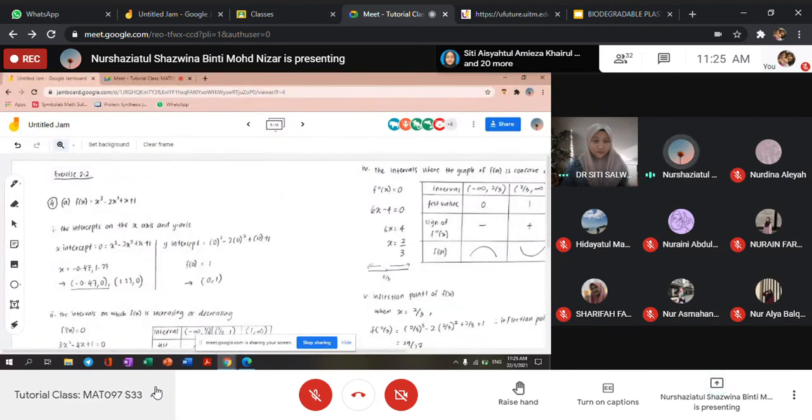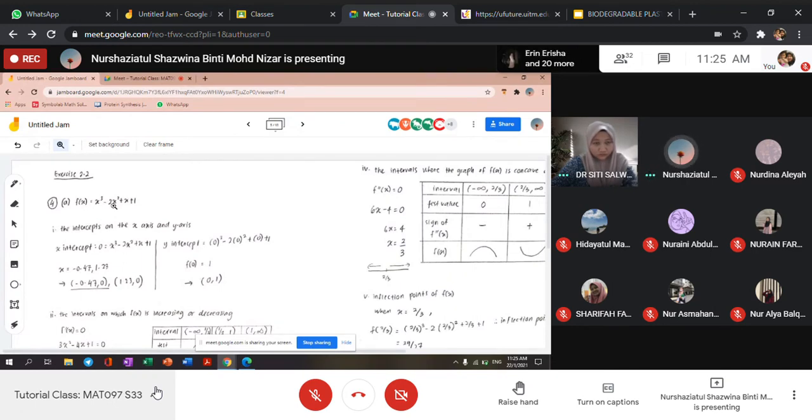So for this question, first we have to find the intercept on the x-axis and y-axis of f(x), which is f(x) is x cubed minus 2x squared plus x plus 1. So in order to get x-intercept, we have to samakan equation dengan kosong.